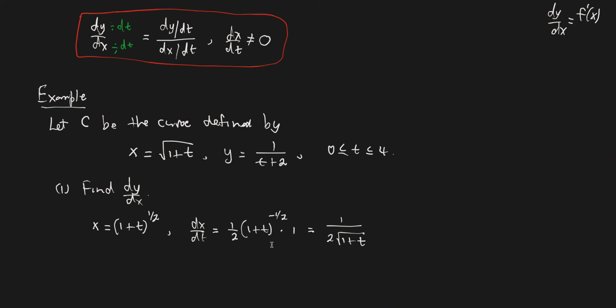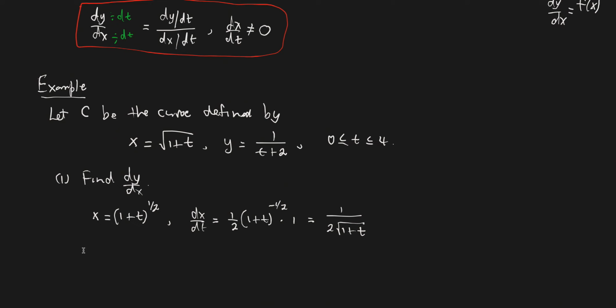Let's do the same with the y equation to come up with dy/dt. So our y equation is 1 over t plus 2. Now here you have a choice. You could leave it in this form, or you could write it in a form that's very similar to the x equation by using a property of exponents.